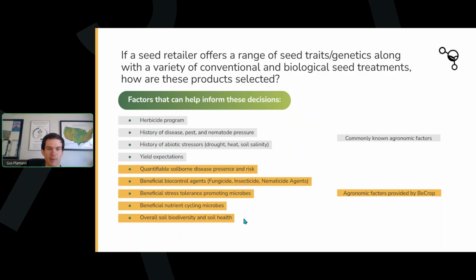Are conventional products maybe having a negative effect on overall soil health, or is soil health moving in the right direction, to just get an idea of whether or not you should prioritize inputs, products, seed treatments that can support soil health, or if maybe things are moving in the right direction, start to hone in on specific action areas.